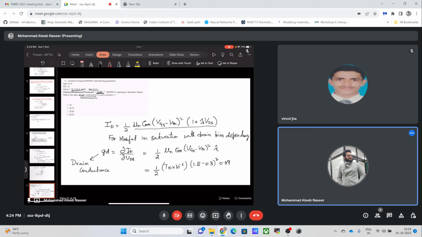So if we try to solve this, it would simply be 70 into 1.8 minus 0.3 whole squared into 0.09 divided by 2.